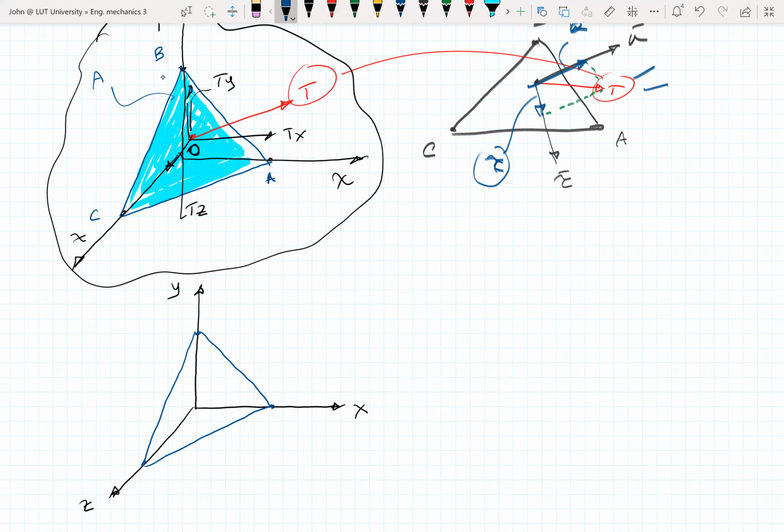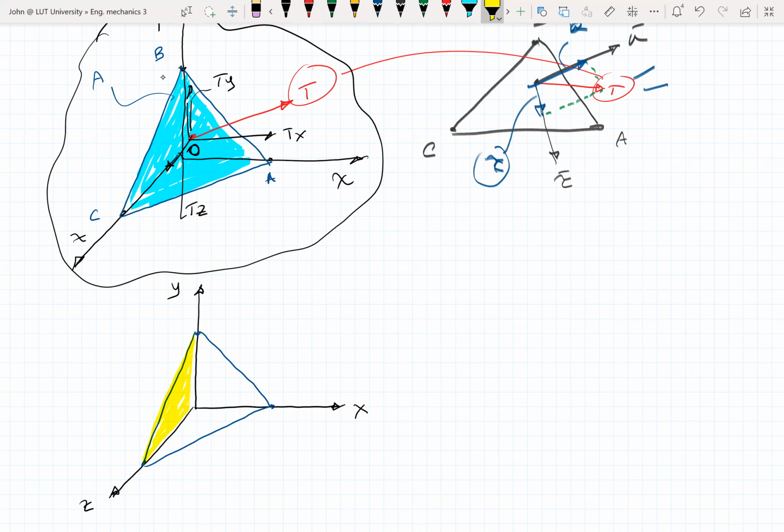And in this area here I will have the following stresses.